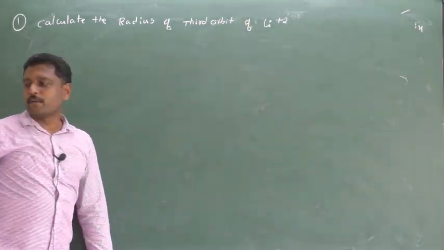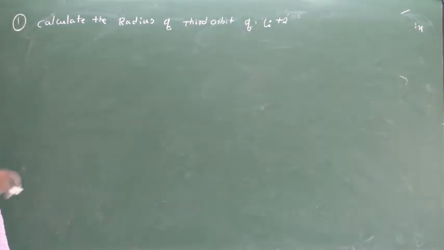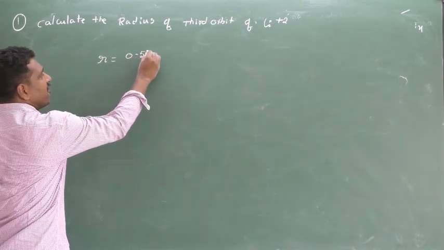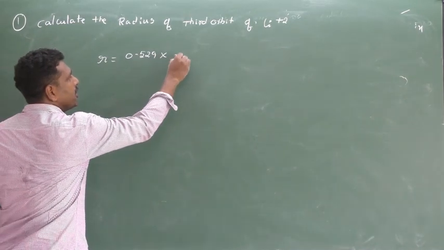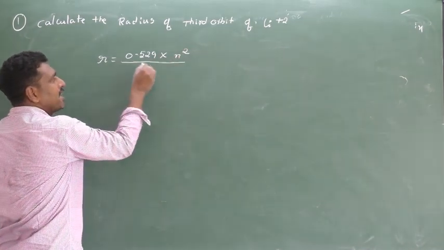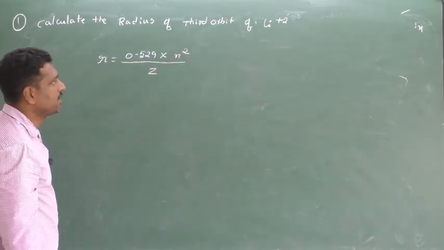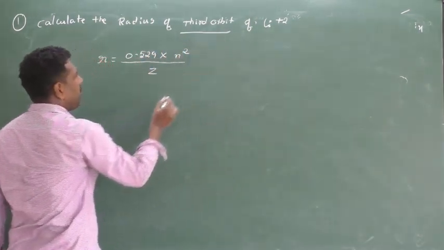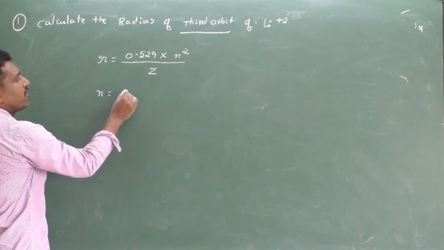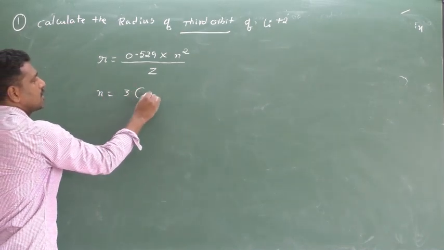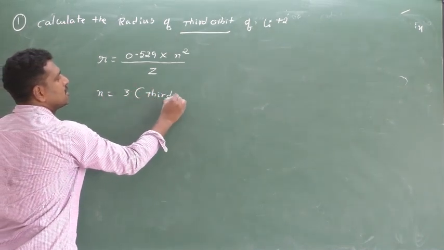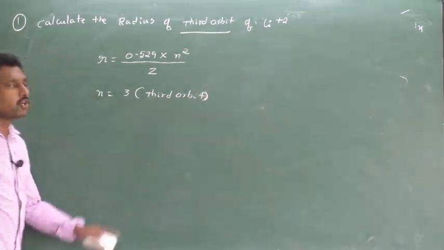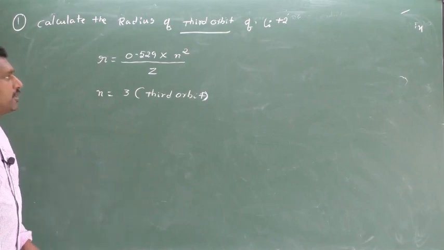So what is the formula to calculate radius of orbit? r equal to 0.529 into n square by Z. Which orbit is given? Third orbit. Therefore, n value equal to 3, because here the given orbit is third orbit.